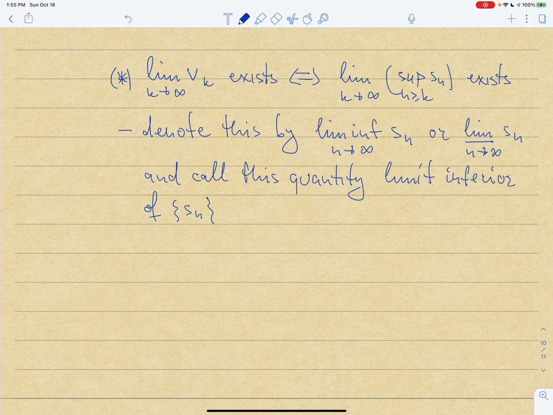So again, vk is monotone decreasing, so its limit exists. Replace vk by its definition, sup n greater or equal than k of Sn. This limit exists. Instead of saying liminf, now we're going to say lim sup, or limit with a bar above the limit. And so this would be a limit superior of Sn.